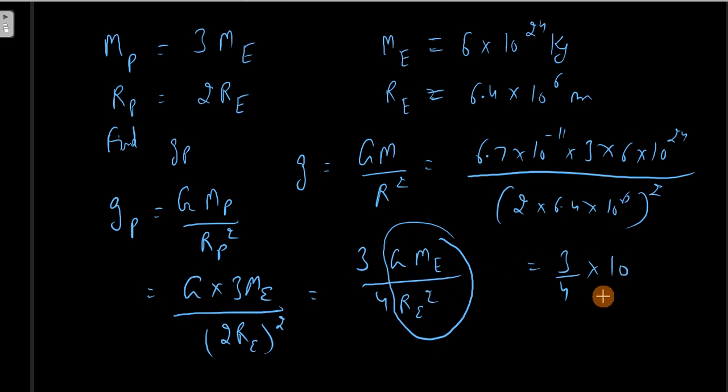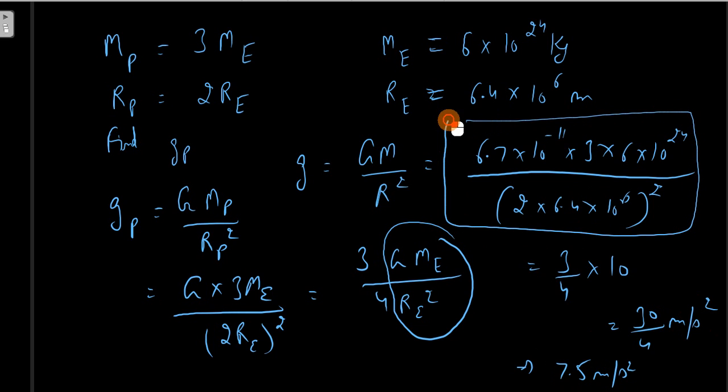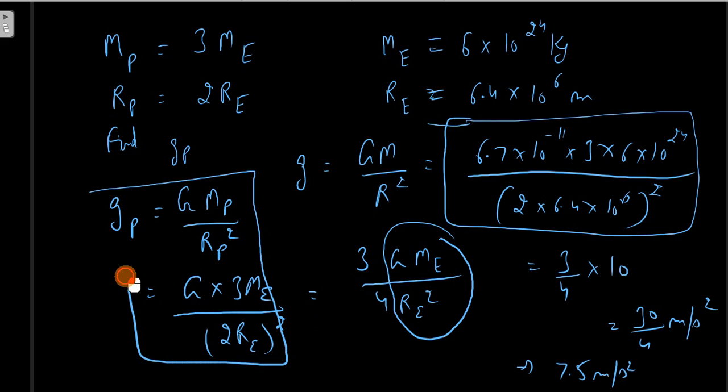So we can take it as 10, so we get 30 by 4 meter per second square. And if you solve this, we will get 7.5 meter per second square. If you solve the long calculation, you will get the same answer. If you take it as 9.8, you might get a slightly different answer, but the range of the answer will be the same. So instead of using the long method, we'll go for this method. This is quite easier.